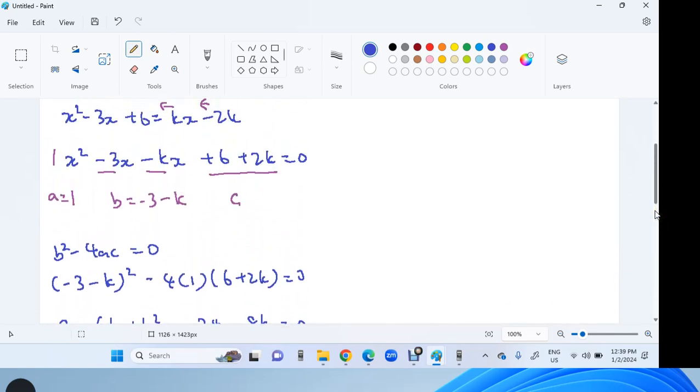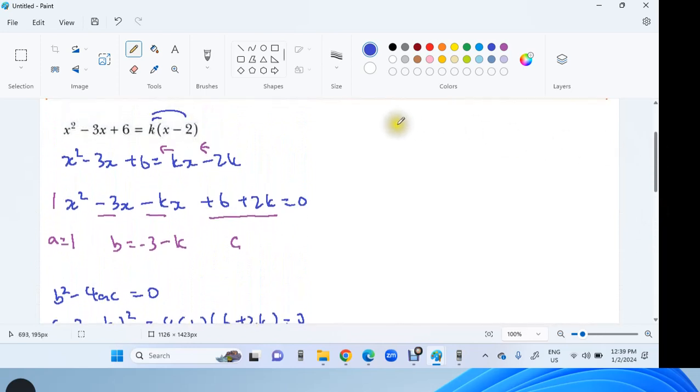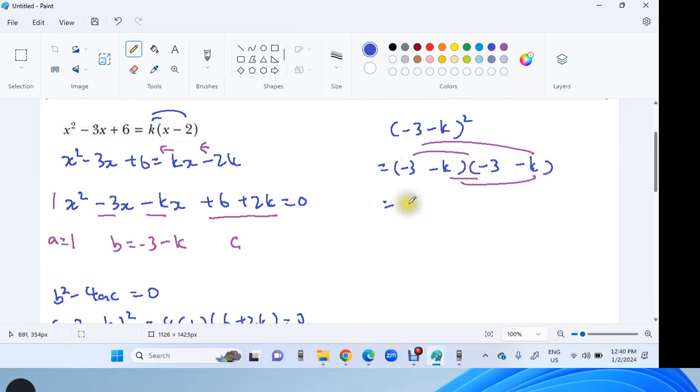Okay, negative 3 minus k, all squared, if we do it manually, then negative 3, negative k, negative 3, negative k, then I expand, then it will become 9 plus 3k plus 3k plus k squared, then it will become 9 plus 6k plus k squared.